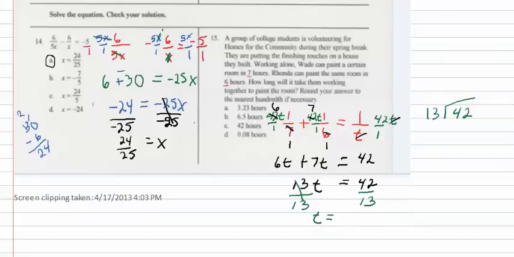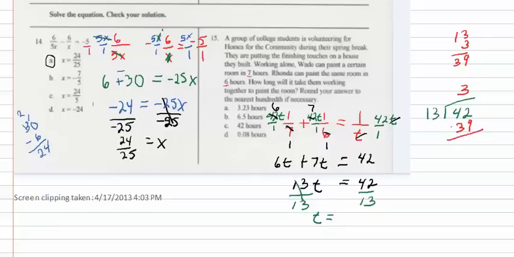Let me find my cursor. It would be 3 times, because 3 times 3 is 9, 3 times 1 is 30, so it's 39.